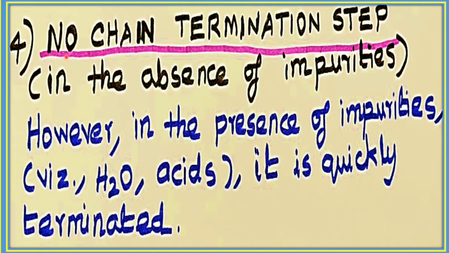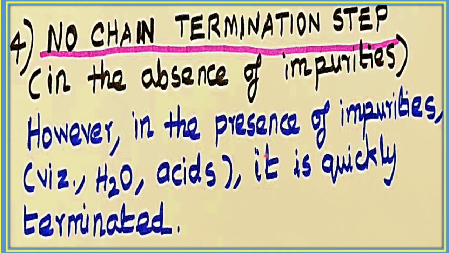The final and the fourth step is the chain termination step. In the absence of impurities, there is no chain termination step. This is similar to condensation polymerization reaction, where there is no chain termination step.